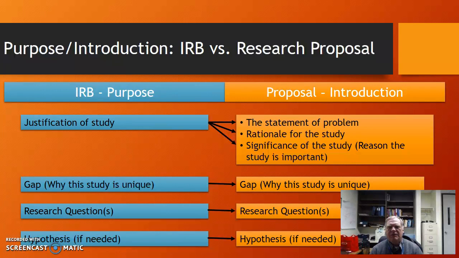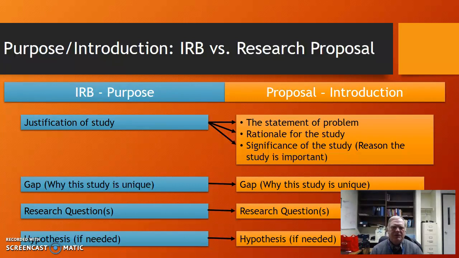So you talk about the problem. You have an introduction paragraph where you state the problem and then you talk about it a little bit. You give a rationale for the study, which is why is this study important? And then you give the significance of this study.